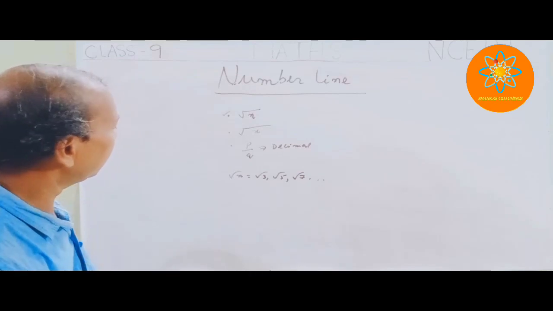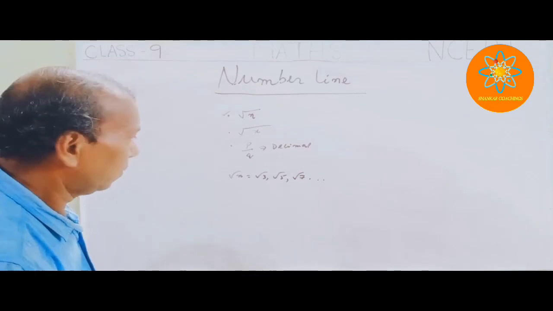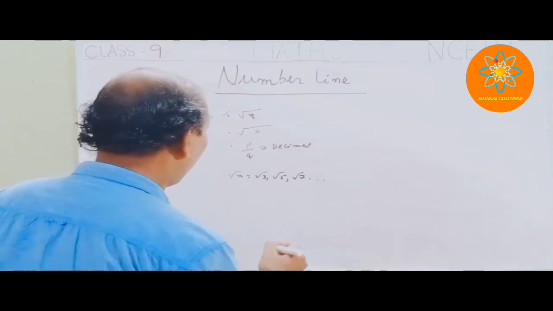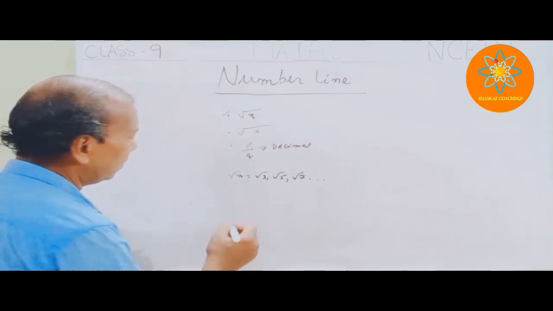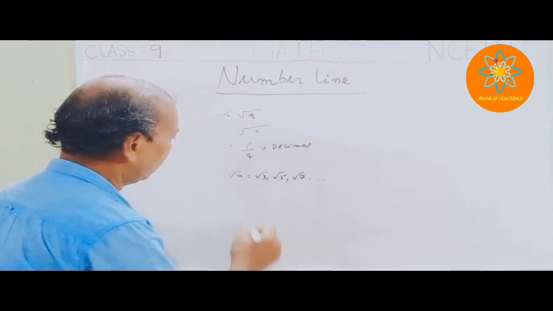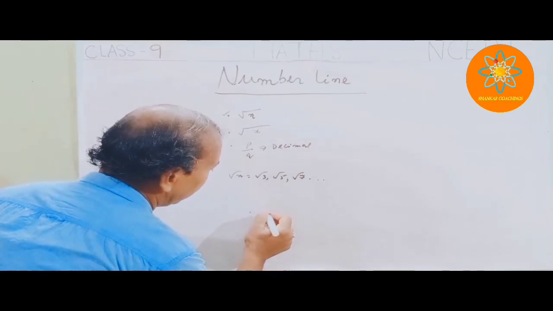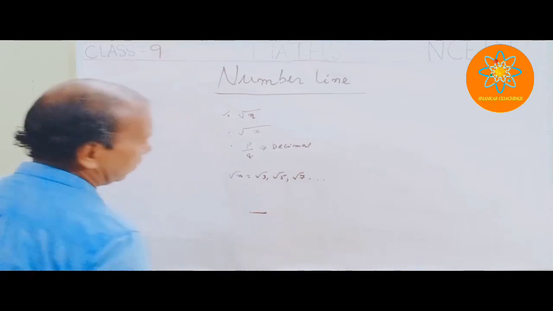So how do we represent it? In this case, root 3 is given. So how do we do it? First of all, I will simply draw a one unit line. This is one unit line.